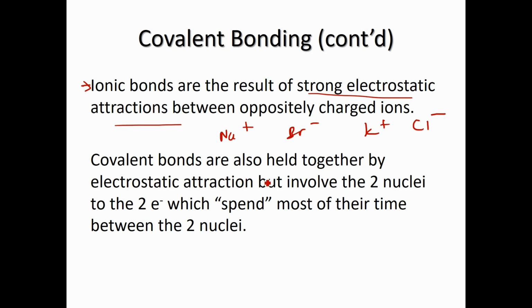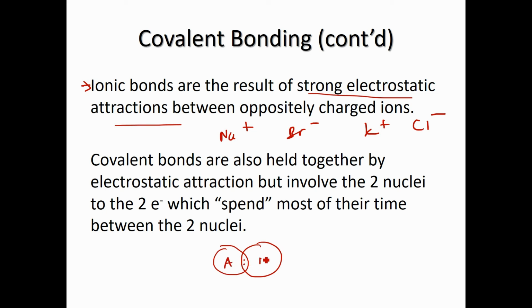The bonds are held together by electrostatic attraction, yes, but majorly they involve two nuclei to the 2 electrons, which spend most of their time between the 2 nuclei. So what this is saying is that the covalent bonds are made by sharing. Actually, the 2 electrons that are making the bond are shared, just to make the statement simple.